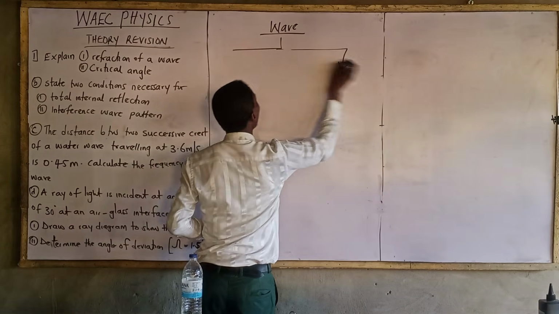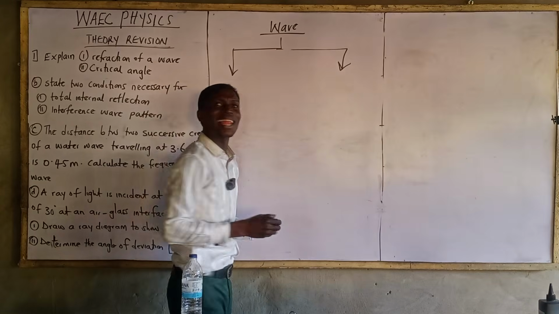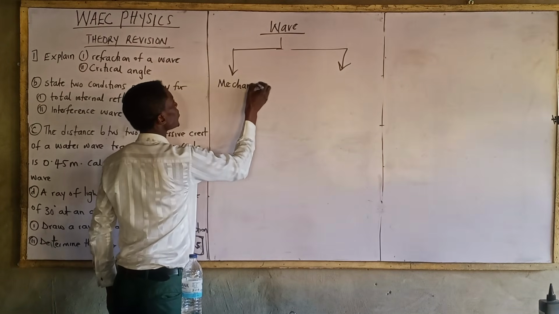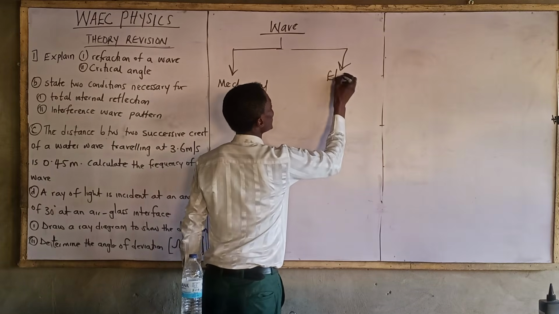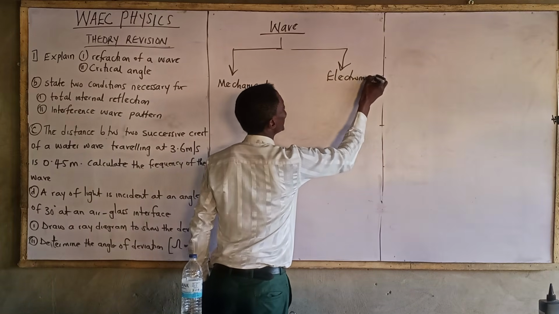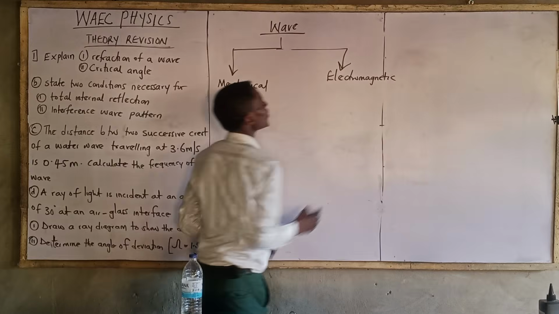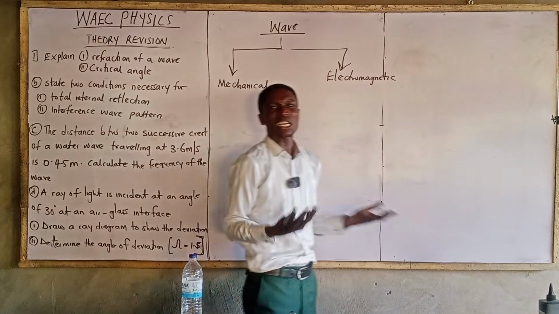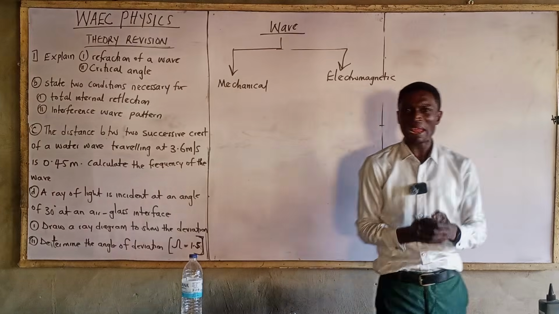Now, in waves, we have two classes of waves. We have the mechanical, okay, and we have the electromagnetic, all right? When we say mechanical wave, we mean a wave that requires a material medium to propagate.